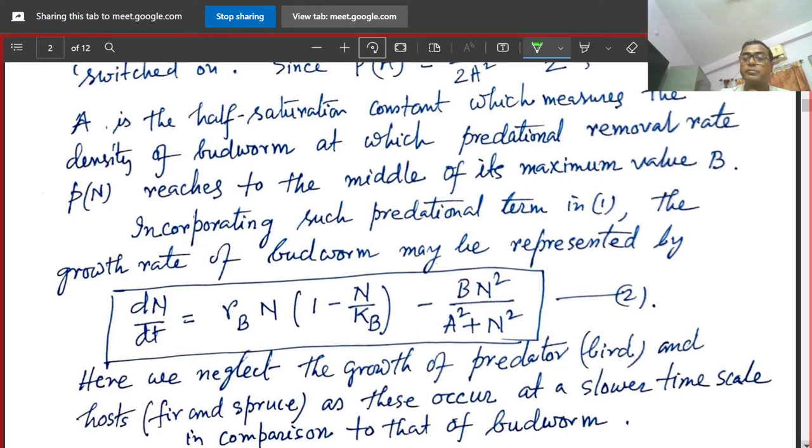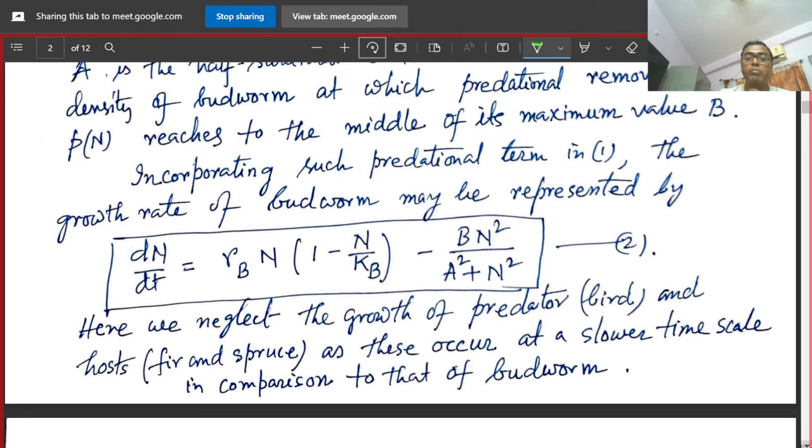Now here we neglect the growth of the predator, the bird, and the host, that is fir or spruce trees, as these occur at a slower time scale, because the growth of the budworm is much higher than the growth rate of birds and of fir and spruce trees.